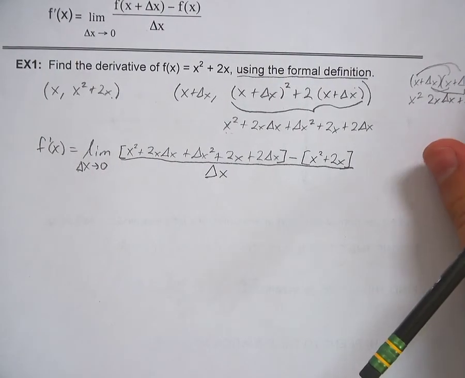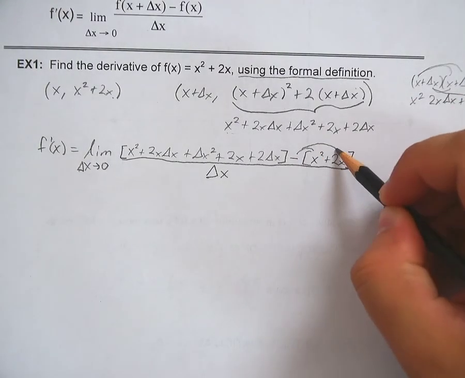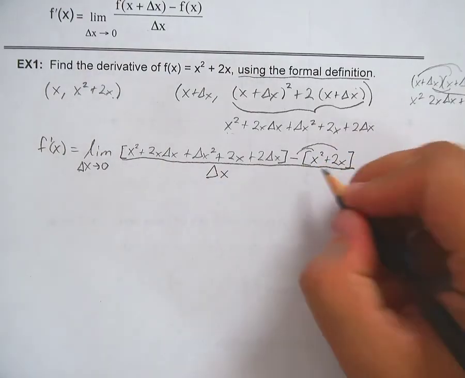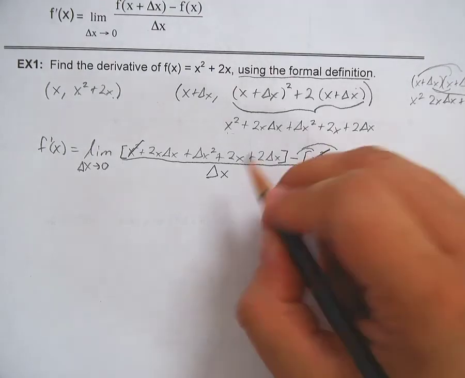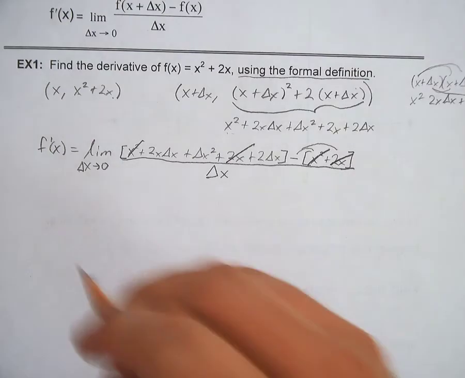Let's figure out what happens here. Start off by distributing your negative. This will be negative x squared and negative 2x. So your positive x squared up here and negative x squared here will go away. You've got a negative 2x and a 2x, those will go away. Let's see what we're left with.